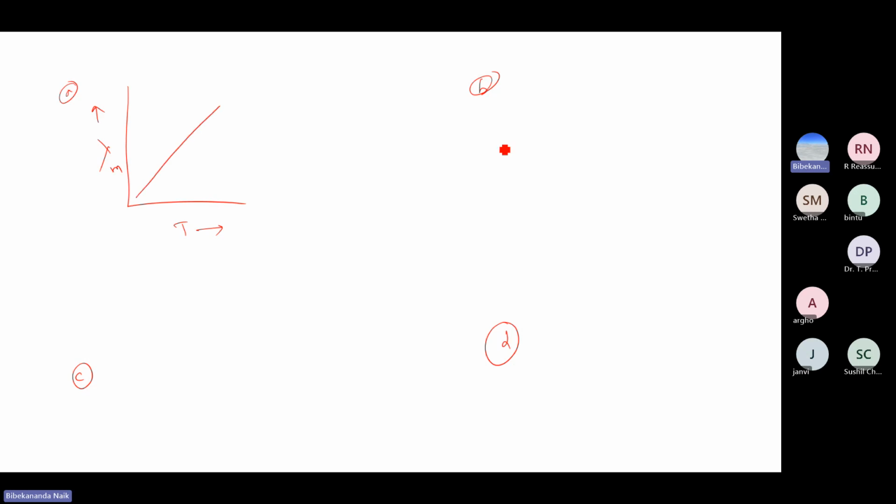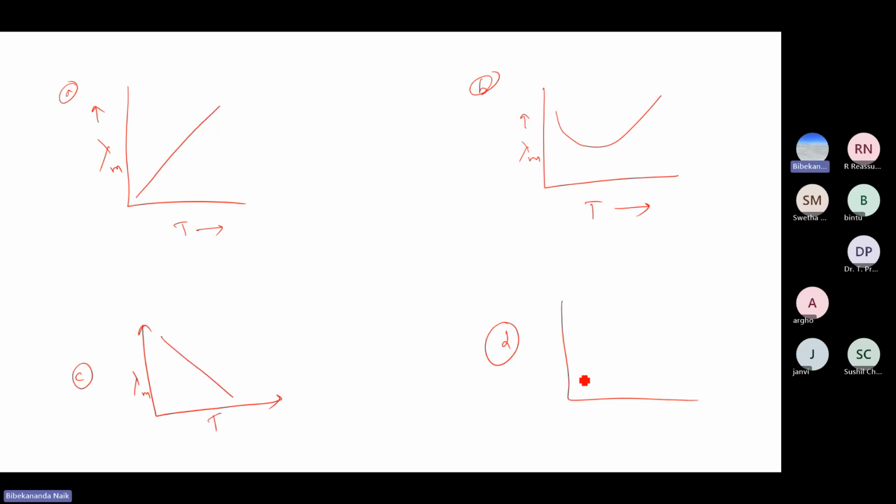So one graph is like this. Another graph is like this. The third one is lambda m and T, one is like this. And the fourth one is like this.